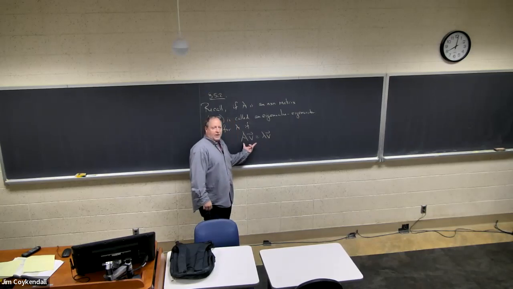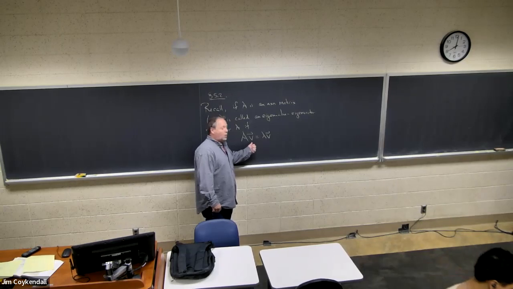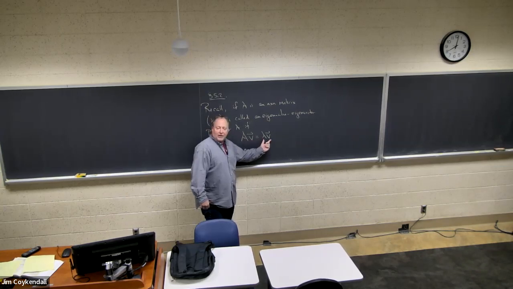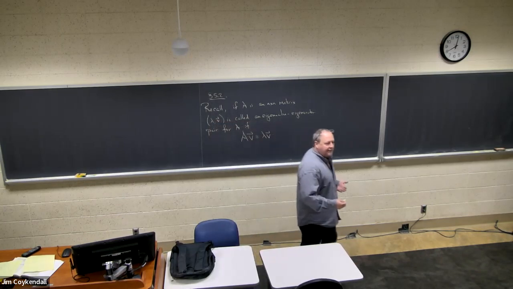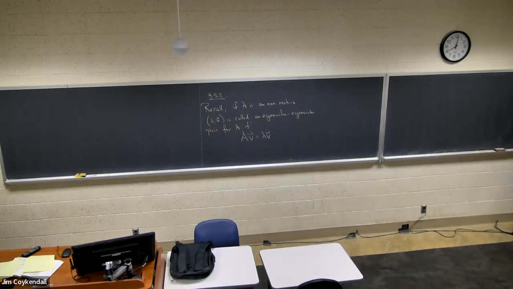It means the linear transformation A, or the matrix A, however you want to think about it, works nicely on B. Essentially, multiplying this vector by the matrix A is the same thing as multiplying it by a scalar. So eigenvectors are vectors on which the linear transformation is easy.